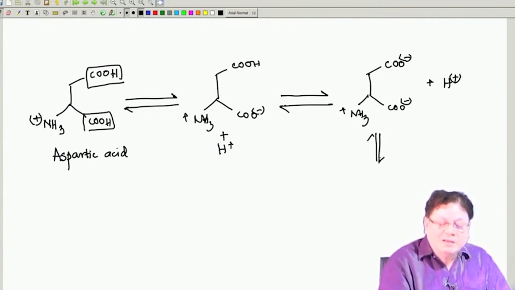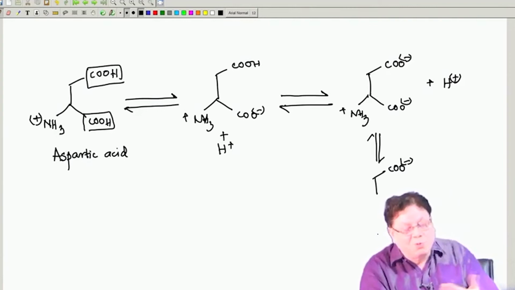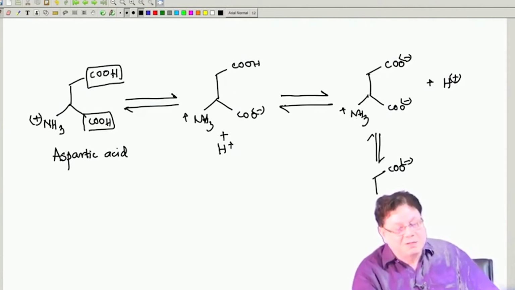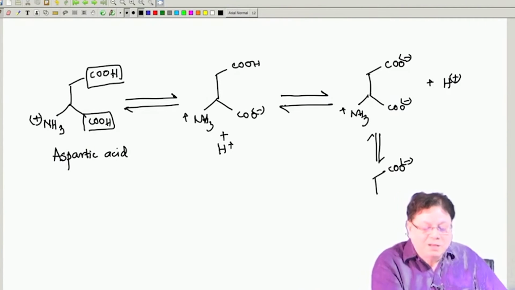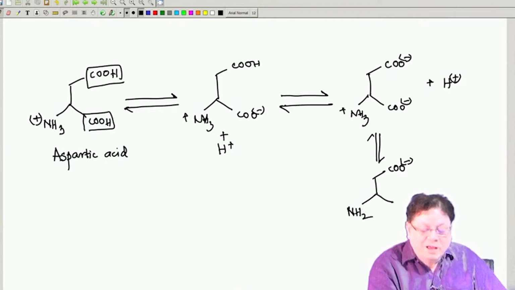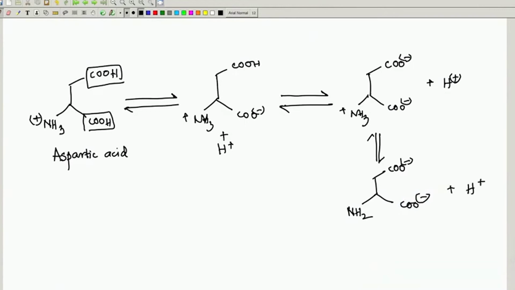So, if you raise the pH again, suppose pH 12, you may not know what the pKa of this NH3+ is, but generally the pKa cannot go beyond 12 or 13 for these amines. Usually the highest pKa is for guanidine, which is around 12 or 13. So, suppose the pH is raised to 12, then surely this is going to lose the hydrogen and you get CO2-. Okay. So, these are the three dissociations that you have.